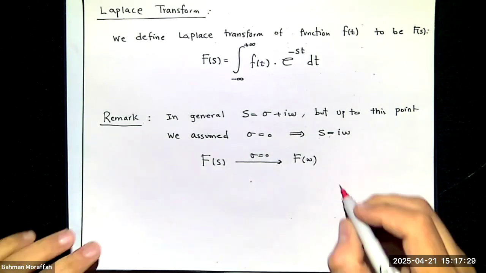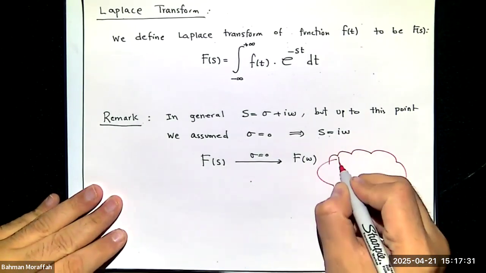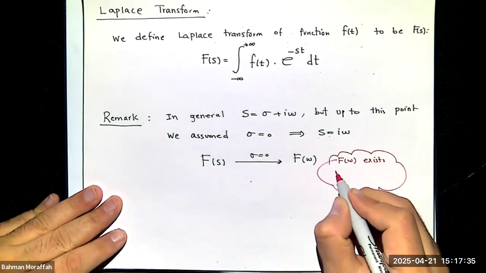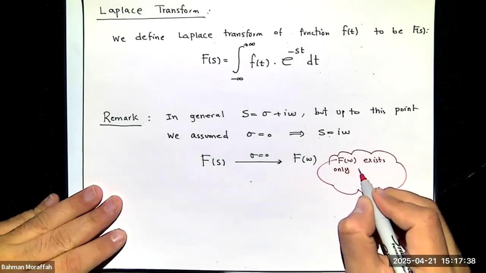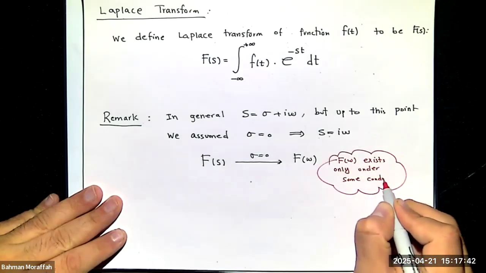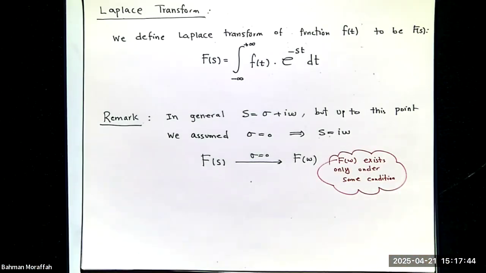Again, remember, this F of omega exists only under some condition. And I told you the condition. The condition is that the region of convergence must include the imaginary axis, right? But again, we're not really concerned about when these things exist, right? We always assume all of them exist, right?